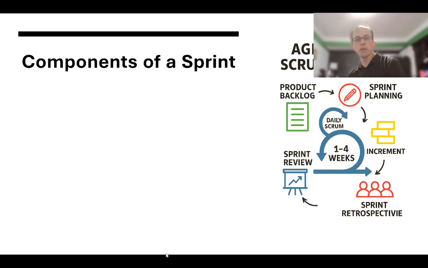What are the components of a sprint? Well, we start with a product backlog. That is a prioritized list of everything that might be needed in a product. From that, a subset of user requirements, user stories, tasks, however you structure your backlog, right?